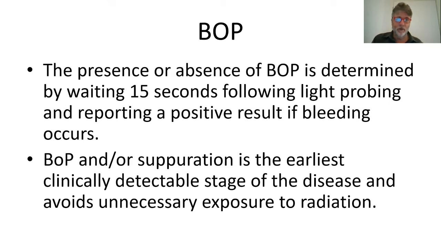You just very, very gently probe, and you wait about 10 to 15 seconds to see if you've initiated any bleeding. So bleeding and/or suppuration is the earliest clinically detectable stage of the disease and avoids unnecessary exposure to radiation. So rather than irradiate your patients every time they come in, go on and do this probing.